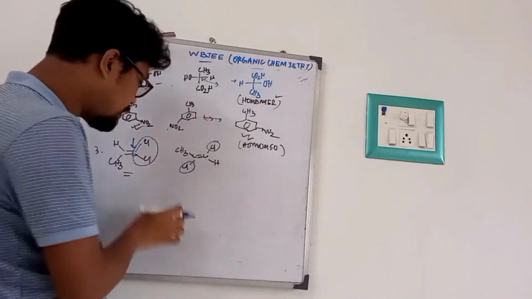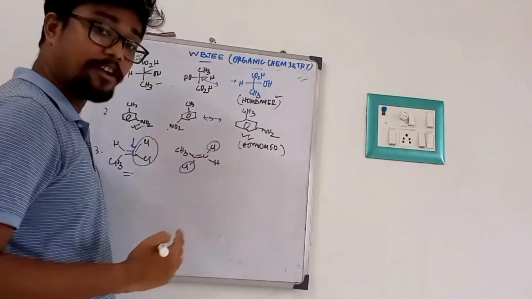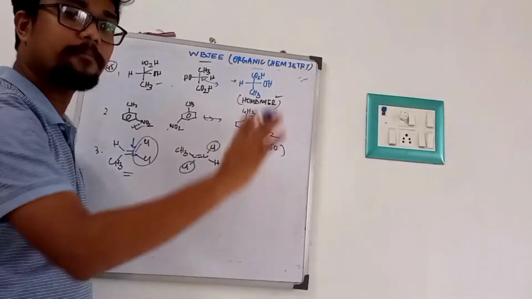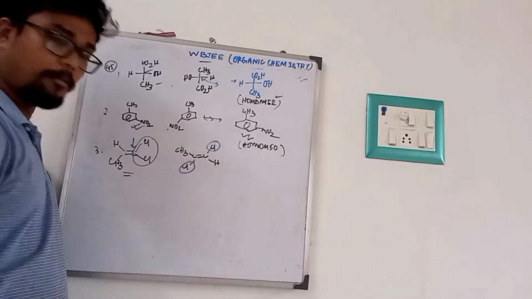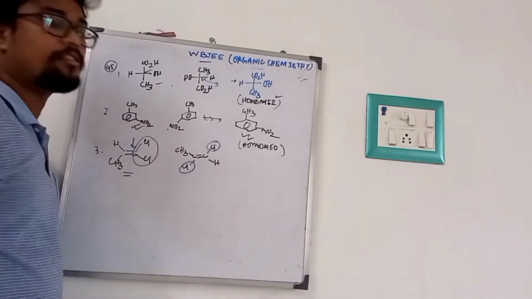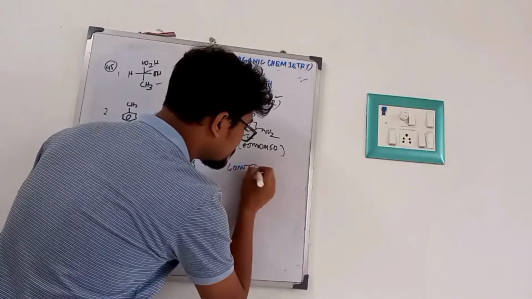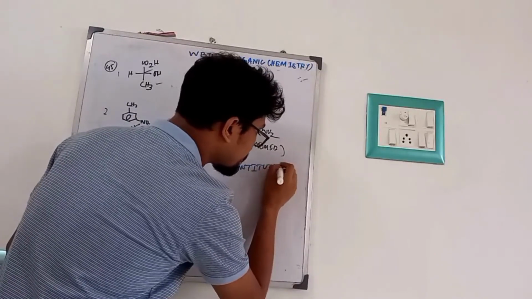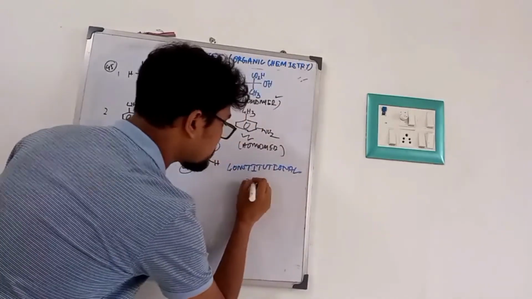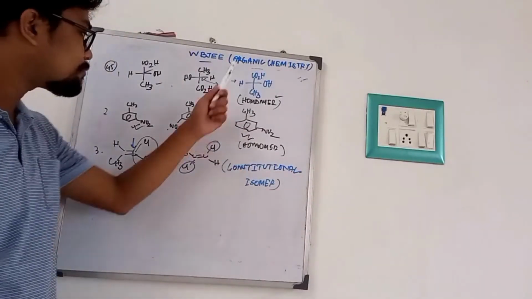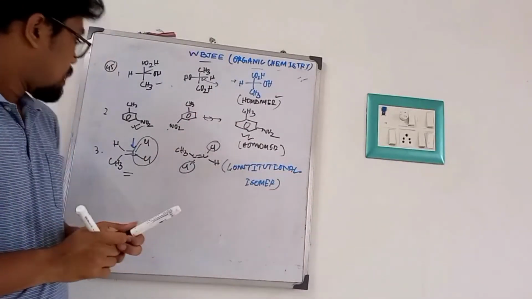Diastereomer is only applicable if the connectivity of all atoms is the same. Only then does the stereoisomer concept become enantiomer, diastereomer, or homomer. But here the connectivity is different, so this is a constitutional isomer. Fine. So this is our answer.